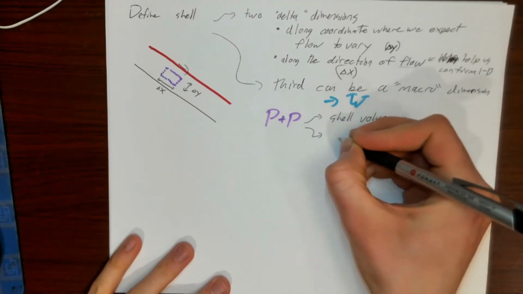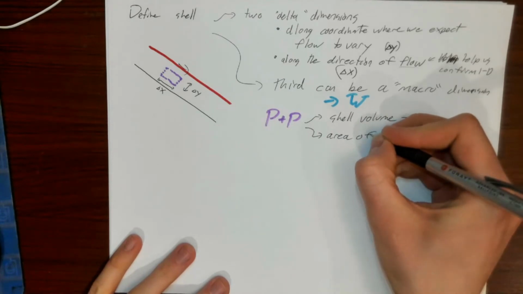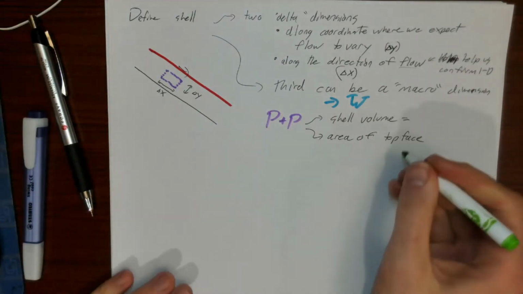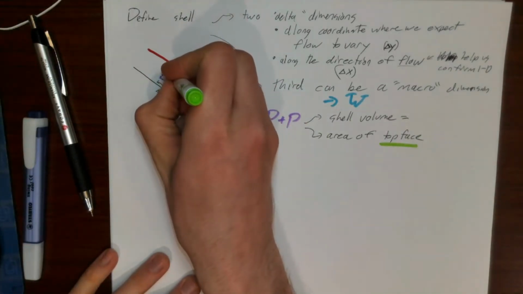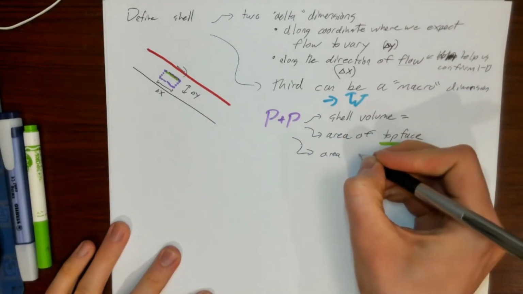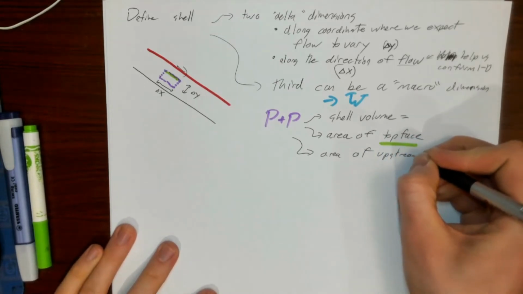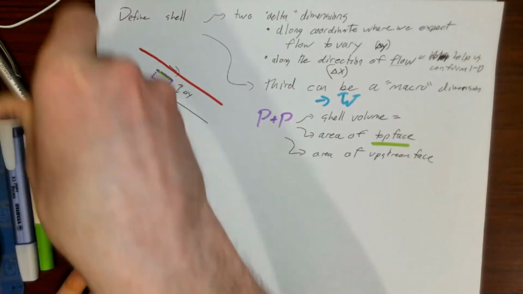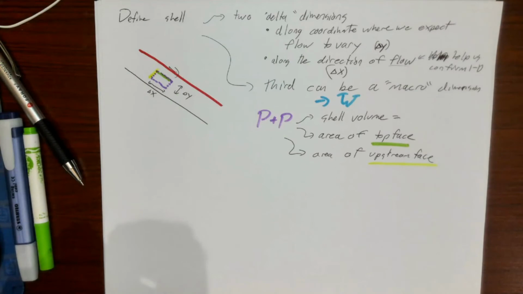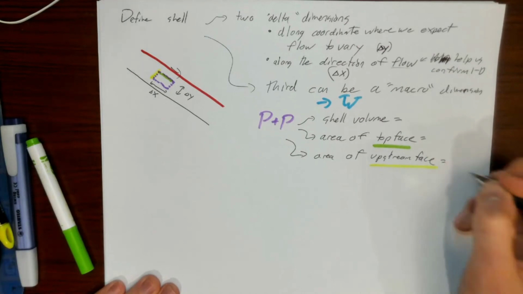What is the area of the top face of the shell? This one right here. And what is the area of the upstream face, which I'll highlight in yellow right there? Take a moment, pause and ponder, and work out what those three parameters are.